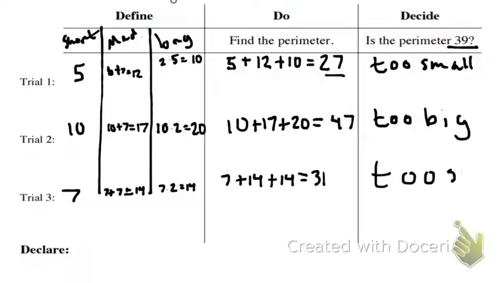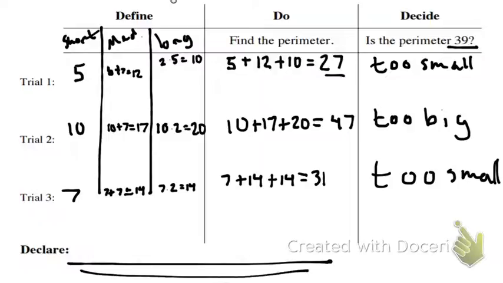So I once again got too small. I keep on getting closer, and I'm nearly there. What I want you guys to now do, finish this up. Finish up this table. Find what that final answer is, and then you're going to write down your answer in the declaration area.